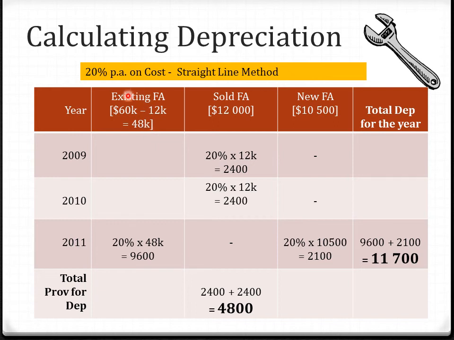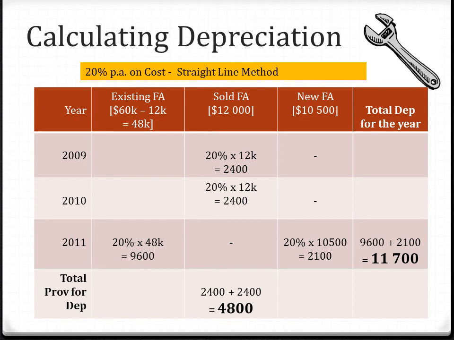We can ascertain this, and this is important. You will find out in a bit why. We have already done this part. Of course, this one is just direct from the question. The new fixed asset cost, we just take it from the question, 10,500.